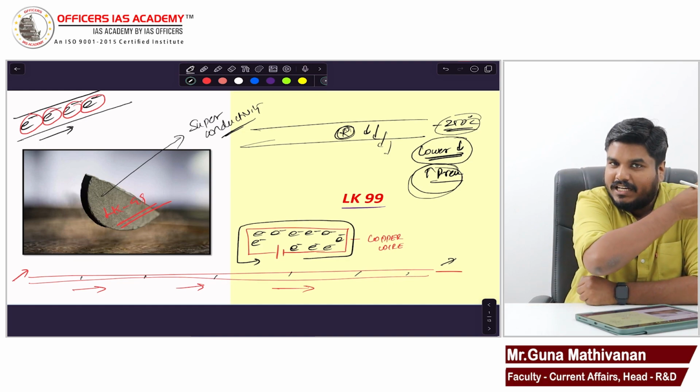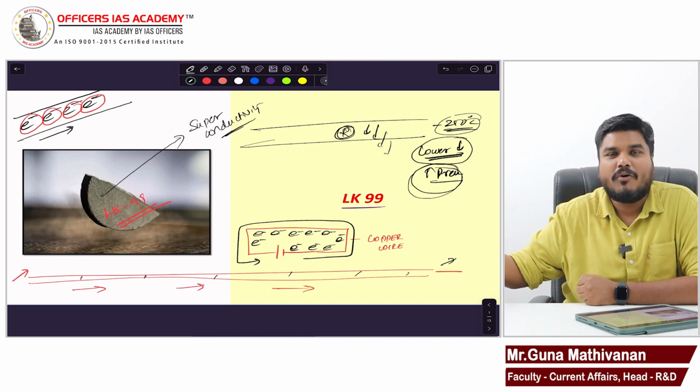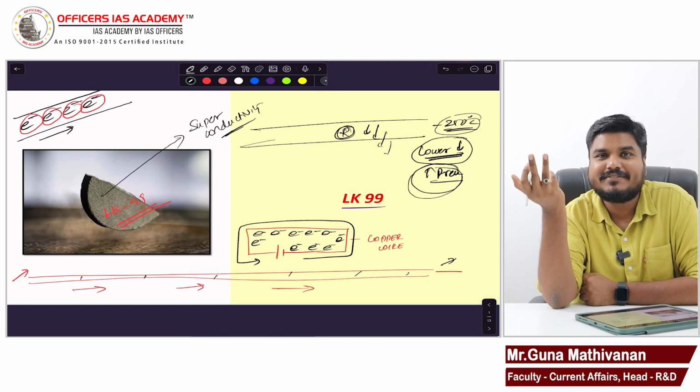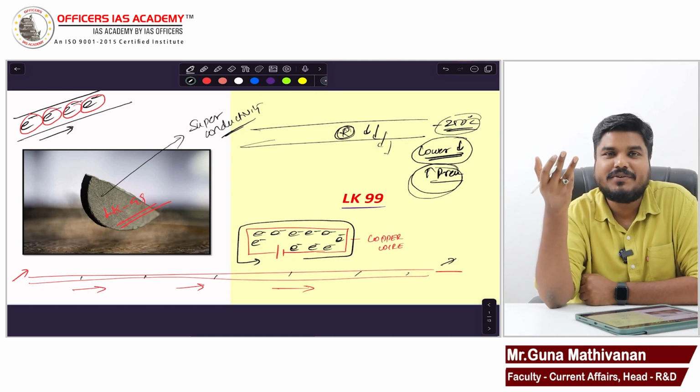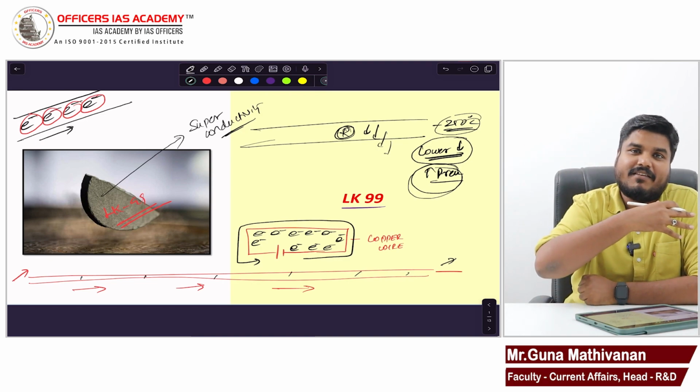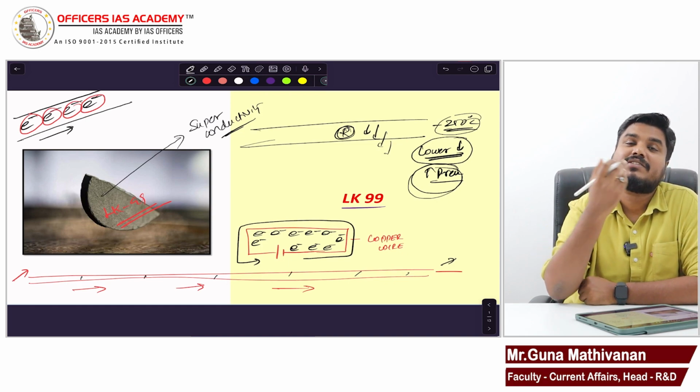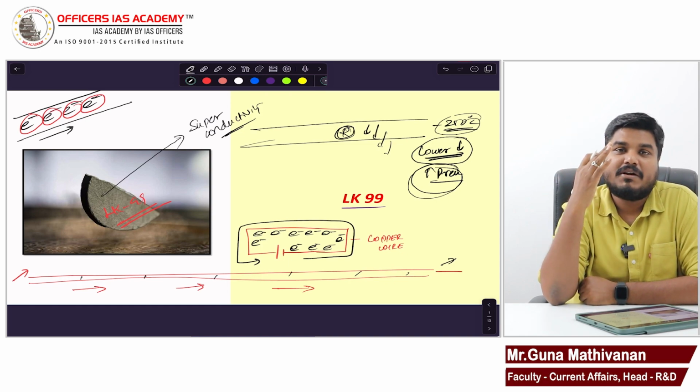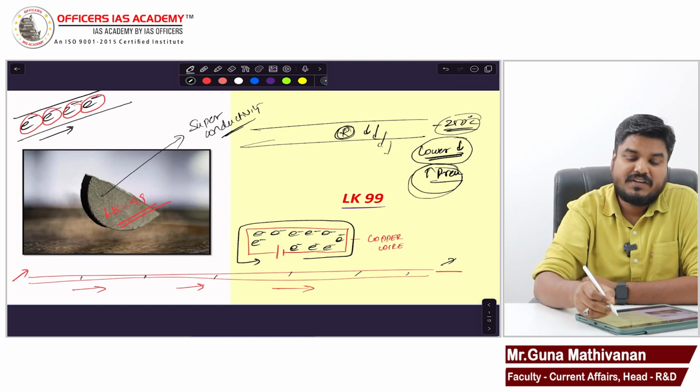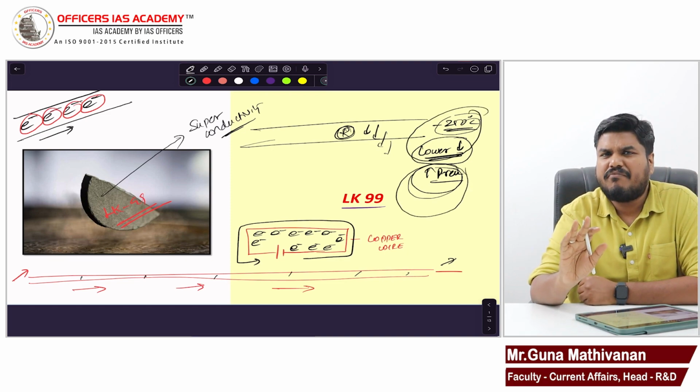What is superconductivity? When you achieve zero resistance, whatever input you give, that is what you will get at output. There will be no power loss. The transmission loss will be zero. That situation where resistance becomes zero is called superconductivity. But to achieve superconductivity, usually we need lower temperature or higher pressure, which is very, very costly.